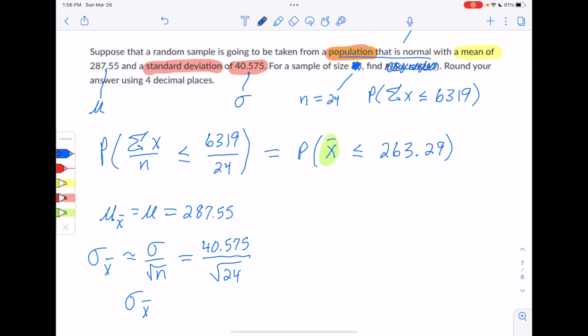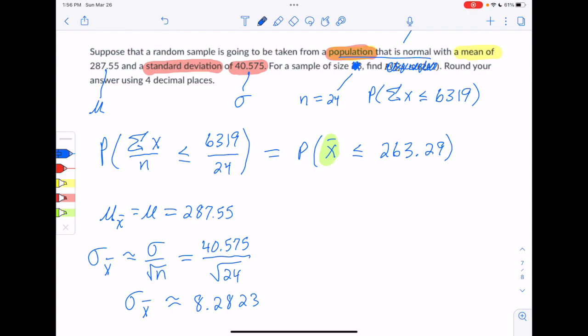So I'm going to go ahead and just give you that one too, because this is kind of a long problem. If you take the 40.575, divide that by the square root of 24, you get 8.2823. Remember, 5 significant figures are needed when we do standard deviations. So 1 in front of the decimal, 4 after. So we got 5 significant figures there.